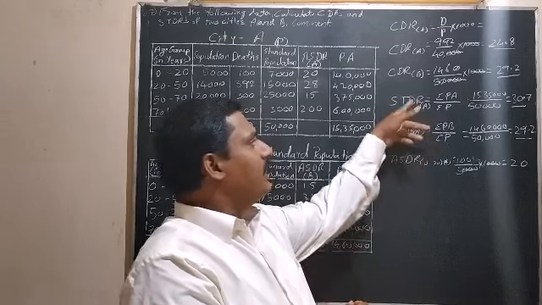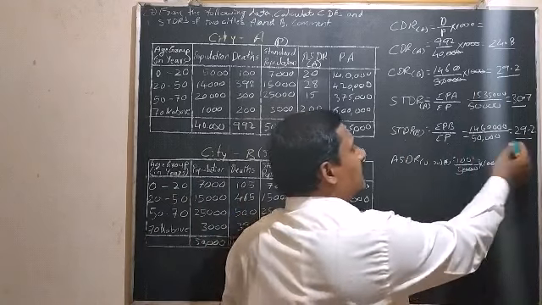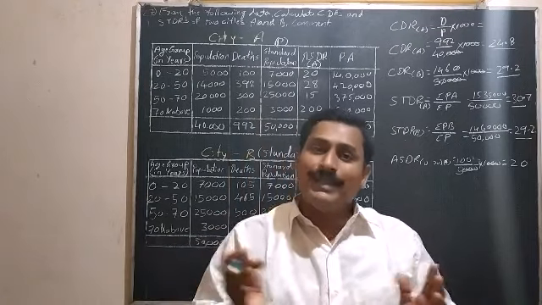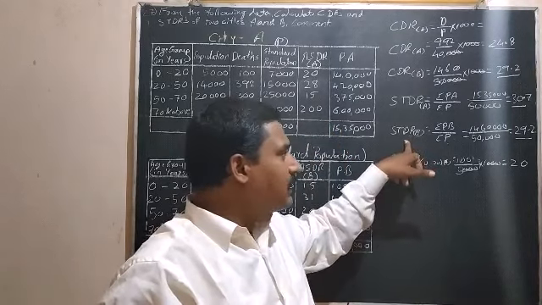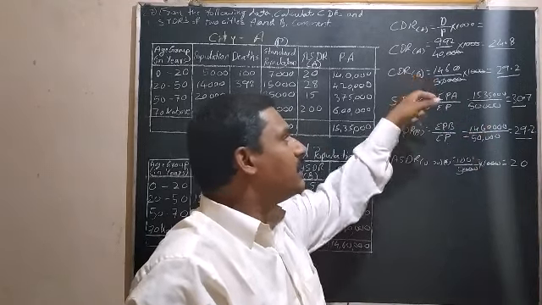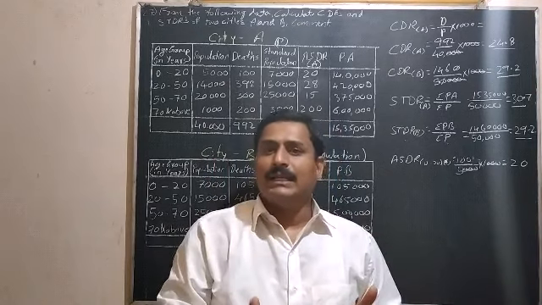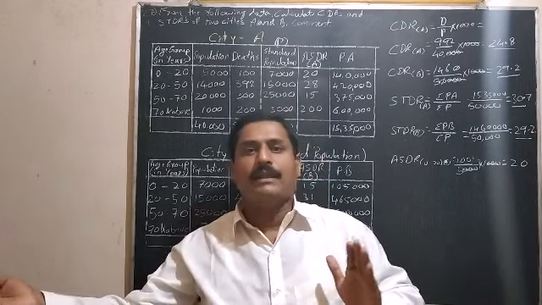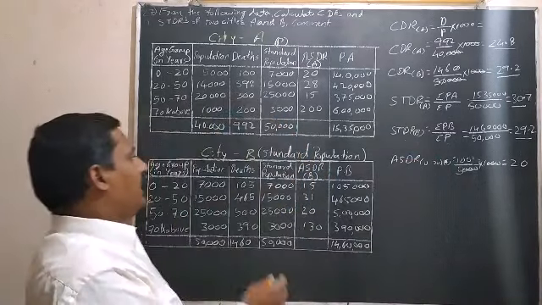When we calculate STDR for both locations, the STDR of location B is less than the STDR of location A. That is, when we compare one location to another with the help of a standard population, we will come to know the accurate result. So here the STDR of B is less compared to the STDR of A, whereas the CDR of location B is more. Individually, when we take that location, it tells us the death rate is more there. But when we compare with another location, the death rate is less for city B.